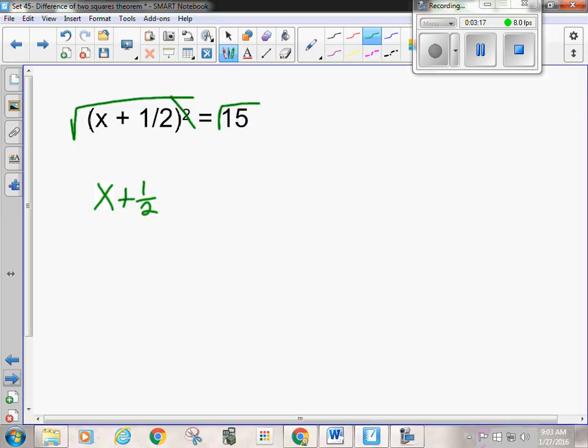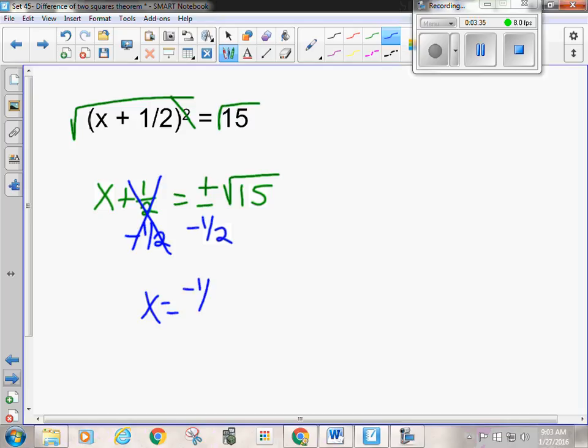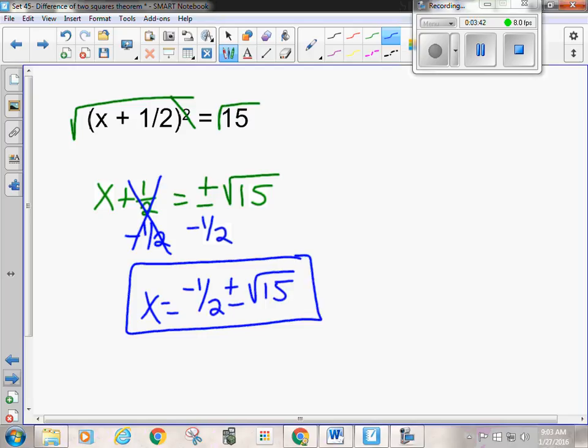Notice we aren't doing anything with the stuff in the parentheses. Equals, we have our positive and negative square root of 15. I want to get x by itself, so I want to move that 1/2 by subtracting it. So that cancels. So x equals negative 1/2 plus or minus the square root of 15. And I don't have to go any further. We're going to leave it just like that.